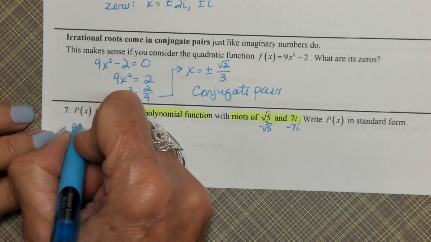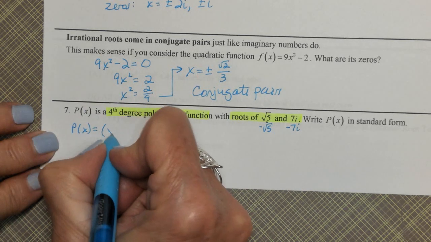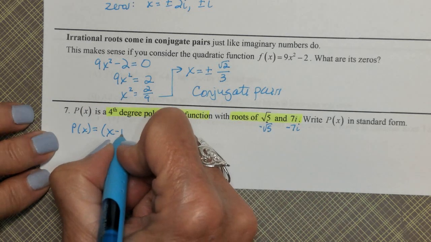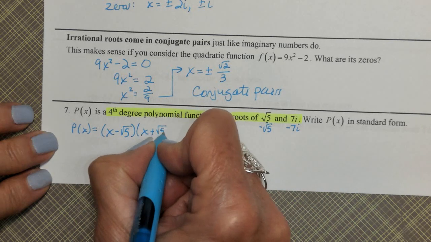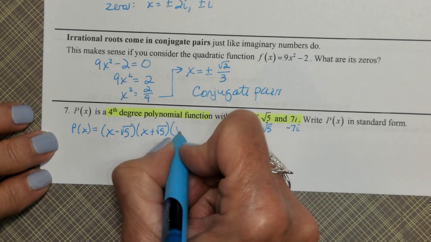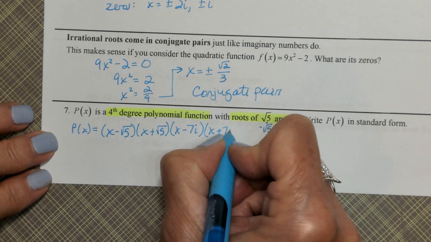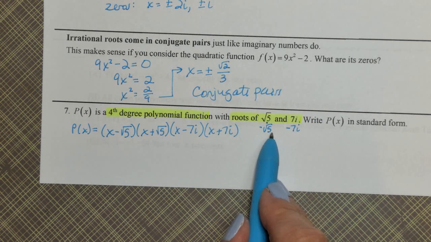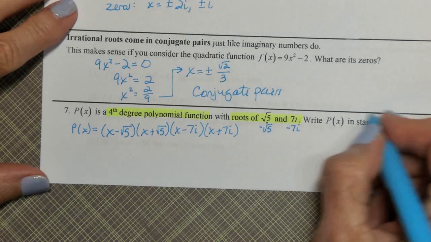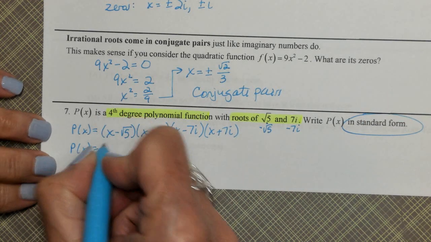So p of x must be x minus square root 5, x plus square root 5, x minus 7i, x plus 7i. That's the polynomial that has these roots. We want it in standard form, so we need to multiply this out.